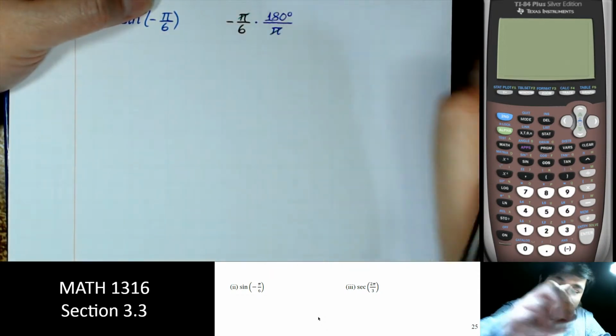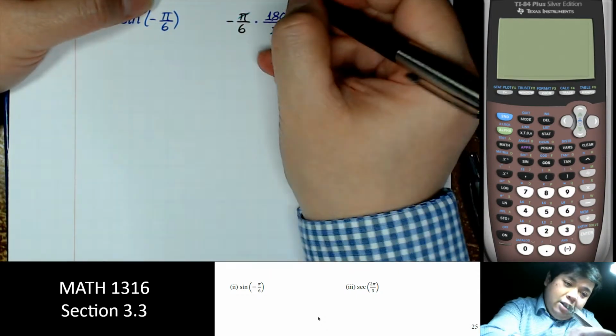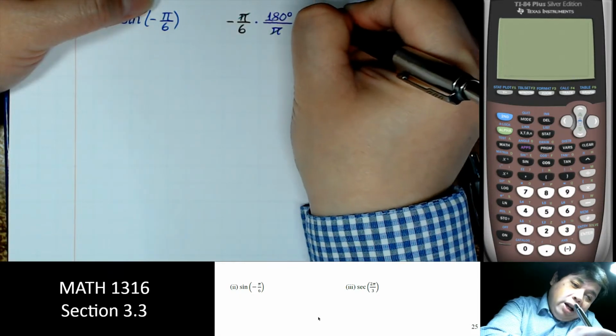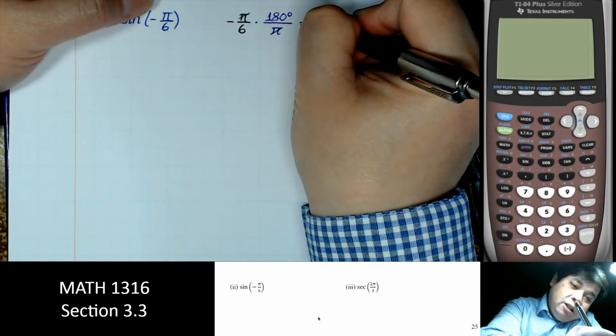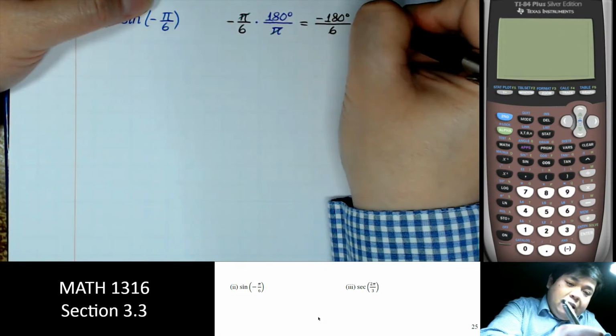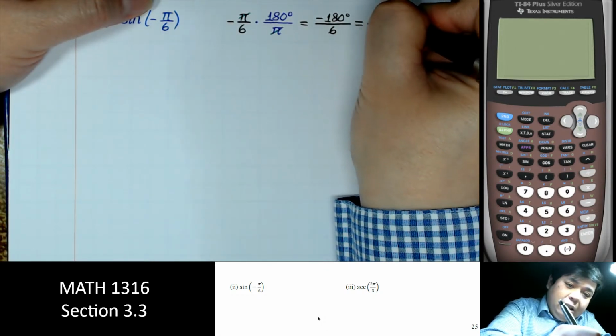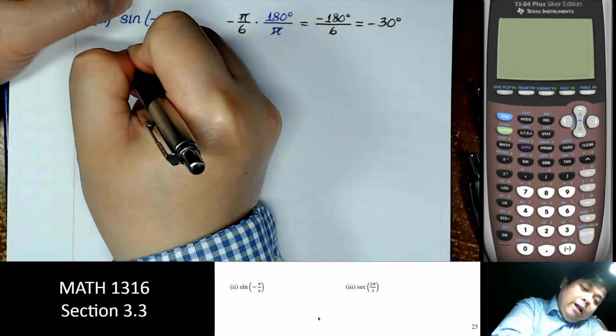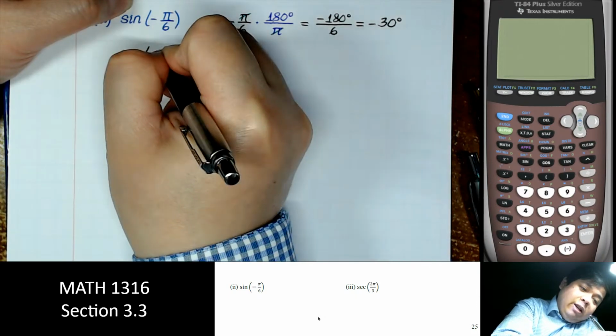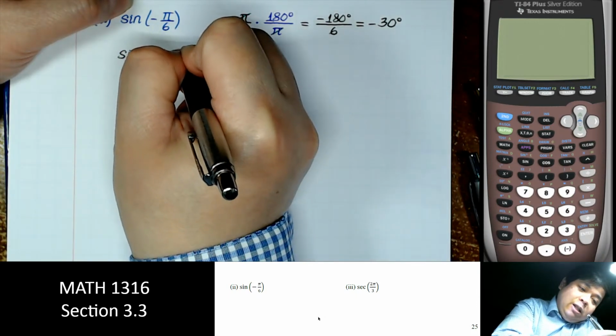Pi and pi cancel out. Negative 180 divided by 6 is negative 30 degrees. Right. Now, next. How do we find the value for sine of negative 30 degrees?